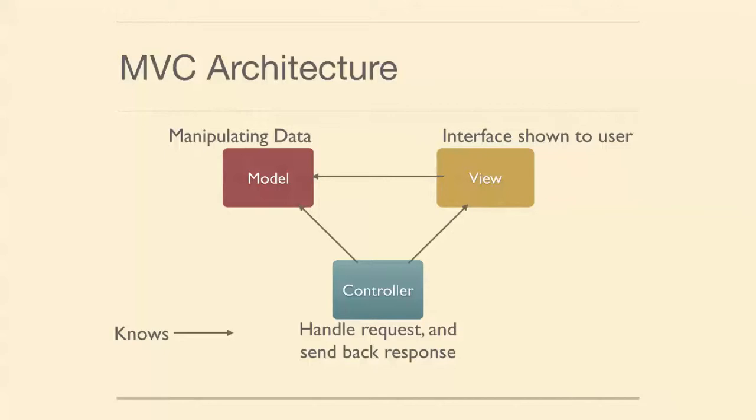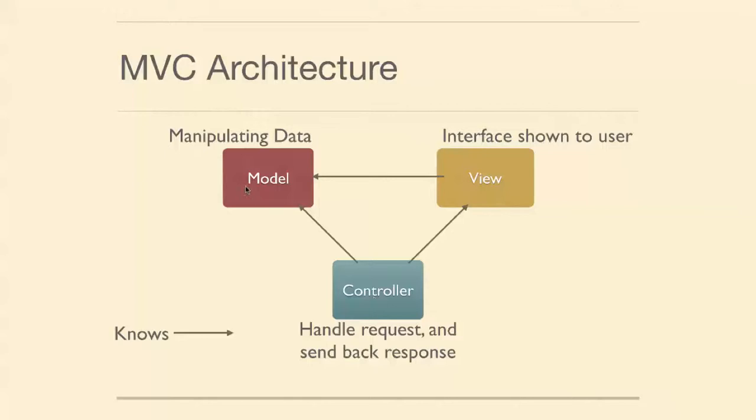So Ruby on Rails is a web framework in MVC architecture. MVC architecture contains three components: models, views, and controllers. The model layer will manipulate the data, the view will show the user interface, and the controller will receive user requests and send back the response.